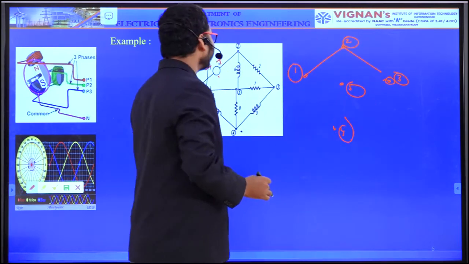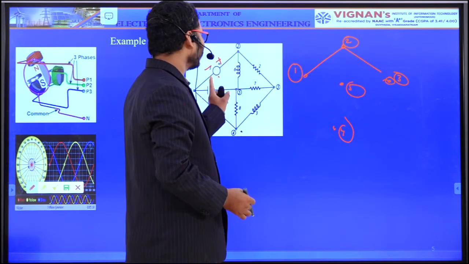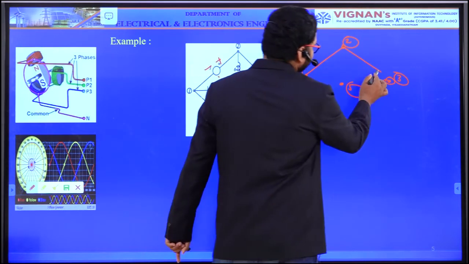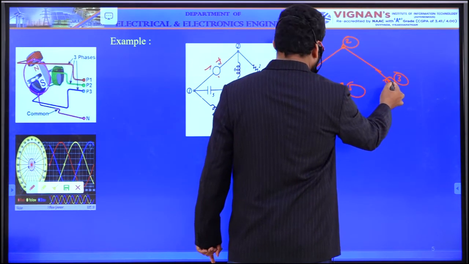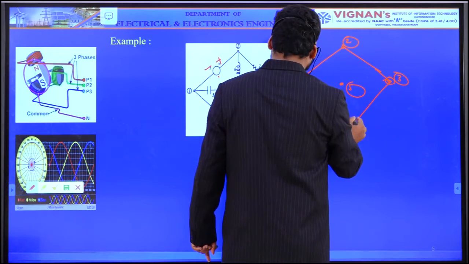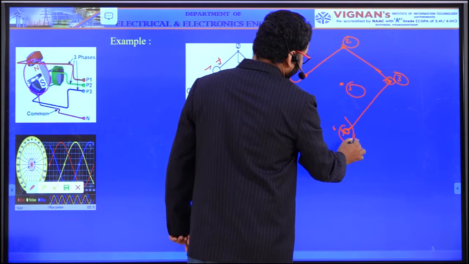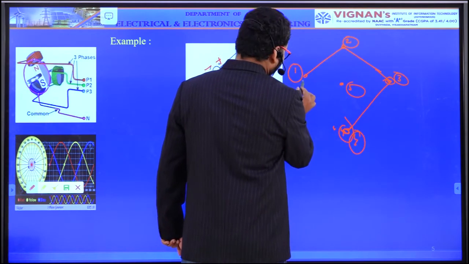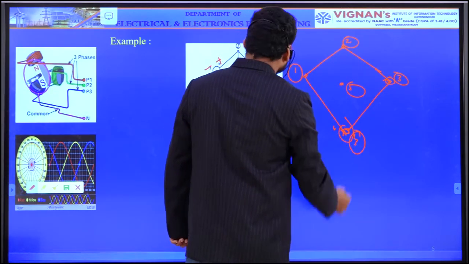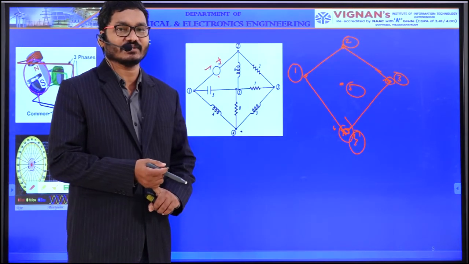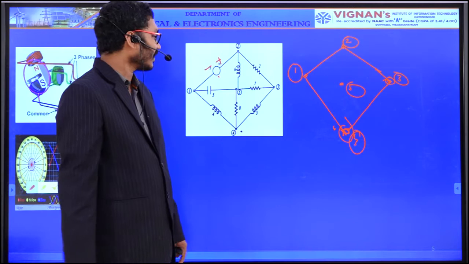So 1 to 2 there is a voltage source, you make it a short circuit. Similarly 1 to 3 is a resistance, also a short circuit. 3 to 4 is also a short circuit. 4 to 1 here is an inductance. Any element, just represent with a short path.